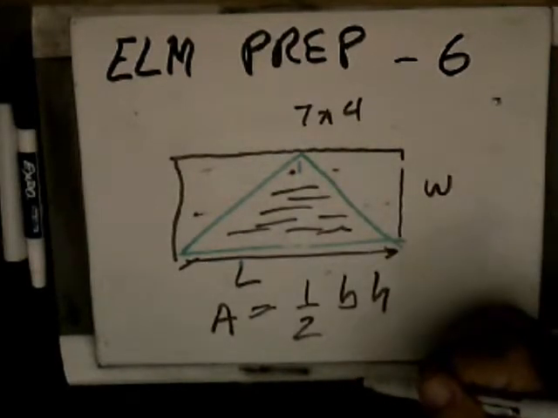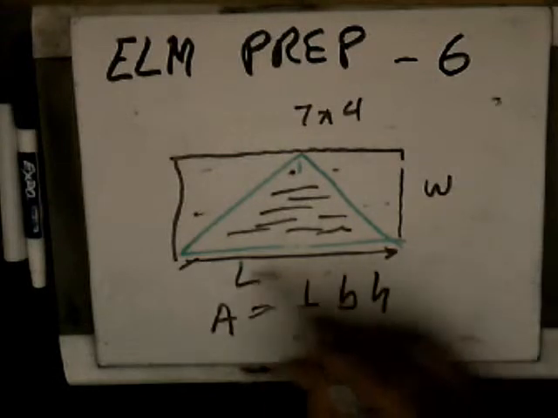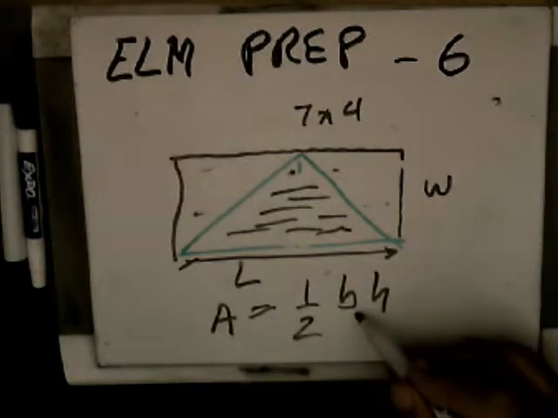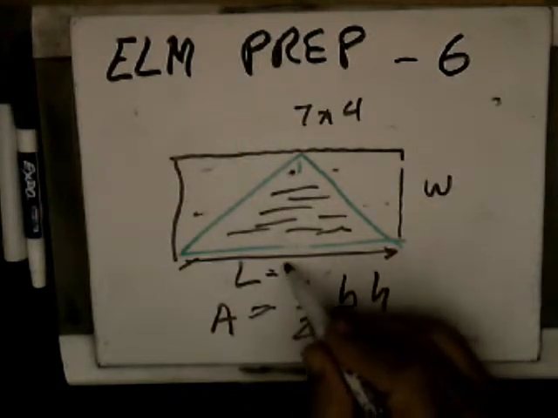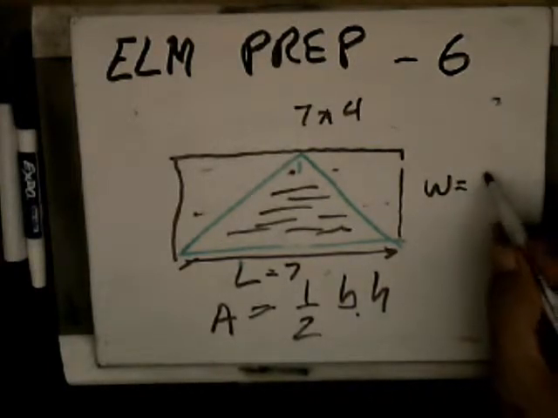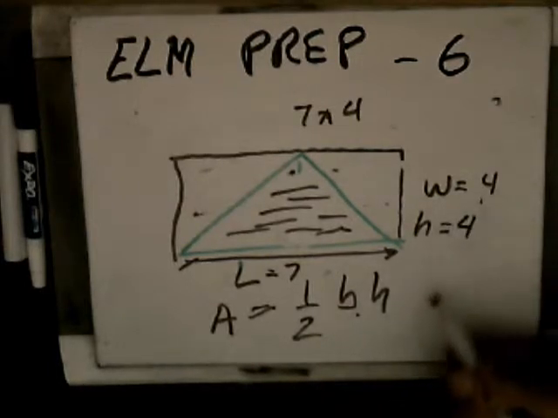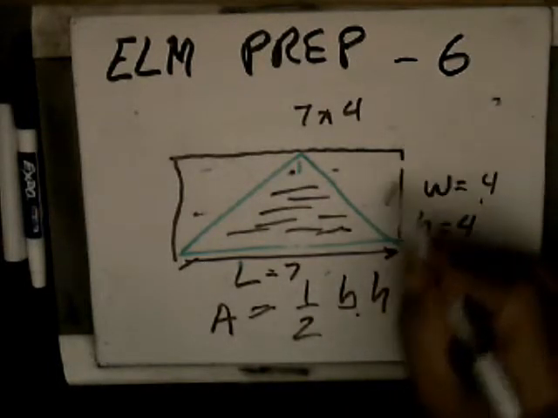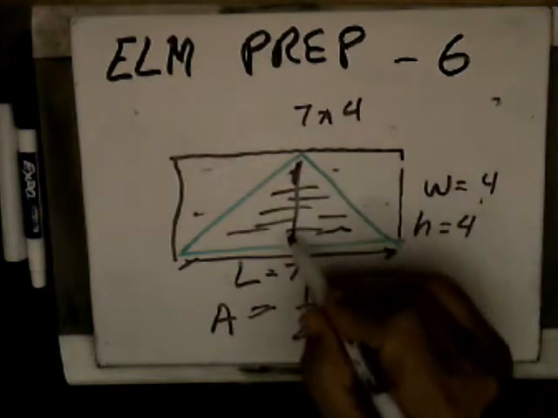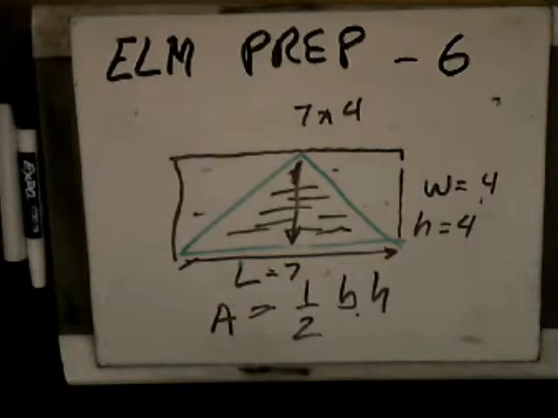We know it's 1/2 the base times the height. So where's my base? My base is the length. They told me that in a roundabout way. They said it was 7, and they told me the width of the rectangle was equal to 4. So there's my height equals 4. This vertical distance would be my height. And so I can figure out what the area of the triangle portion is.